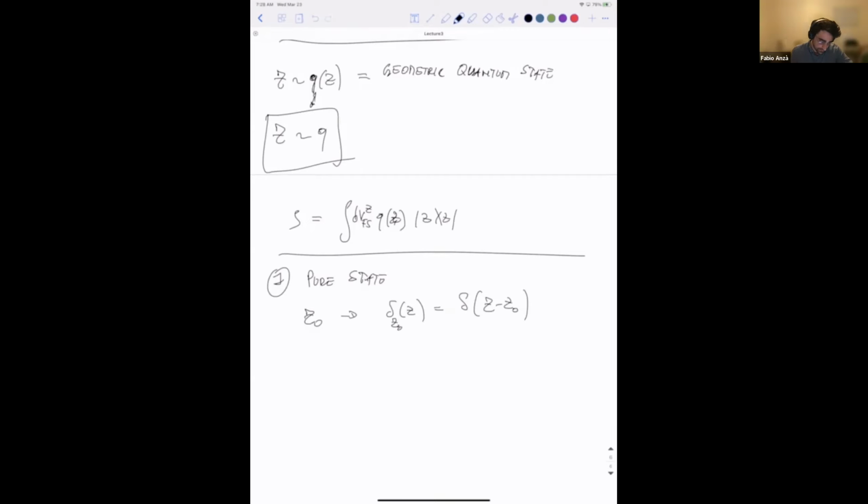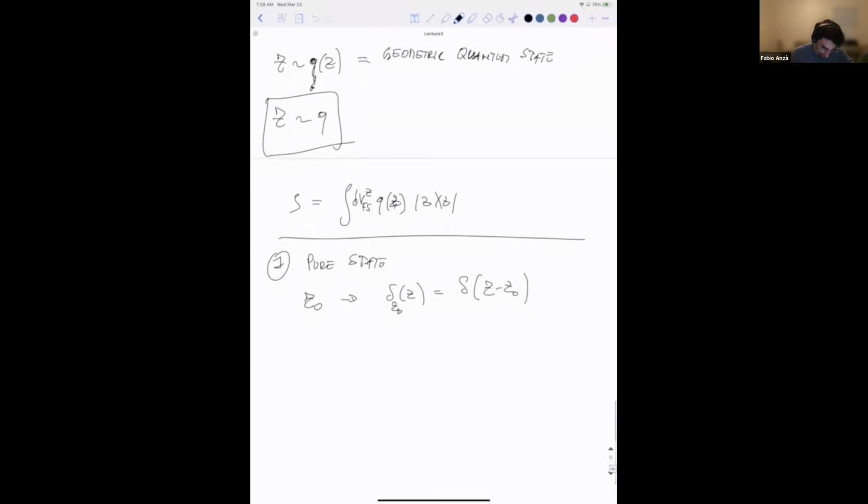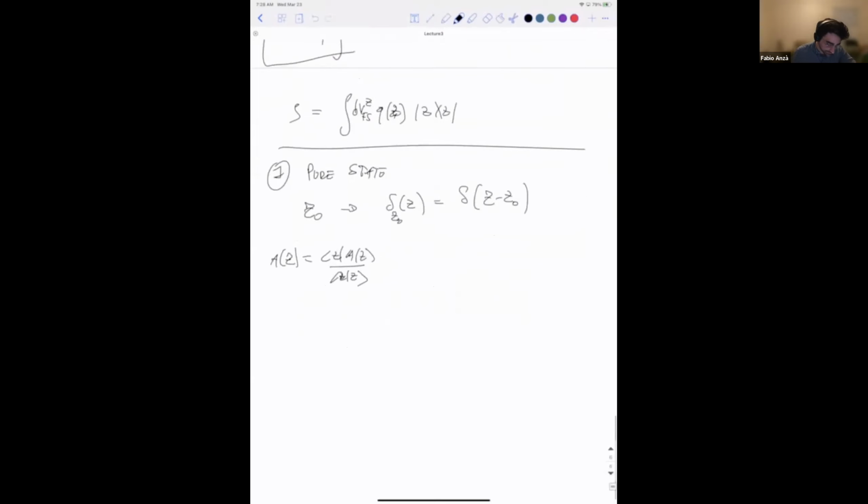But the more practical reason is that if I have an observable A of Z, let me remind you, this is defined like this. Then, what is the expectation value of A with Q?